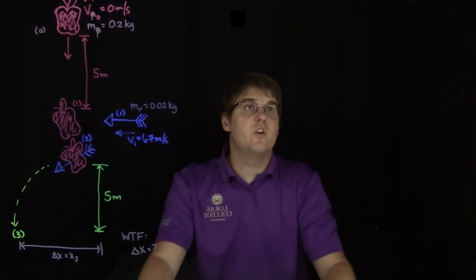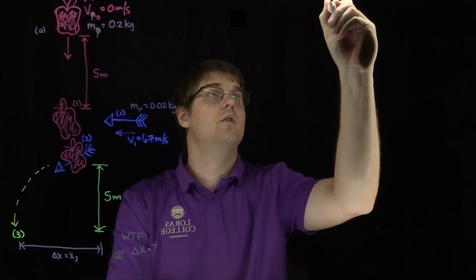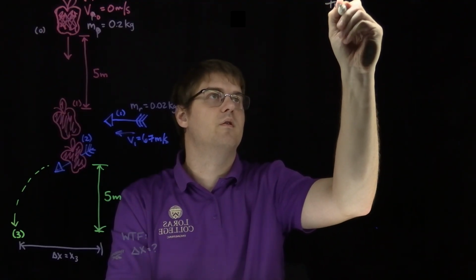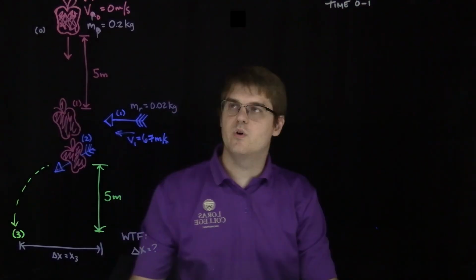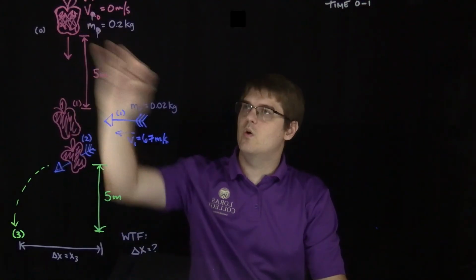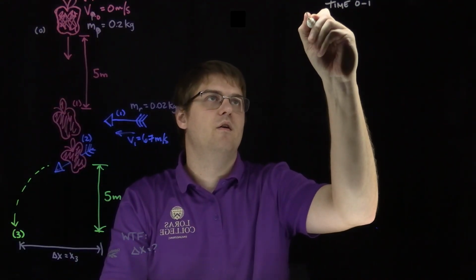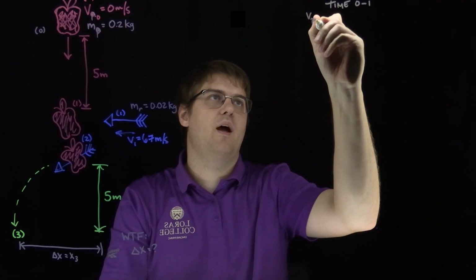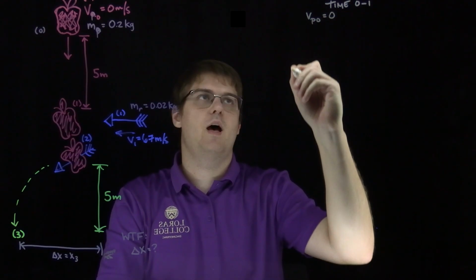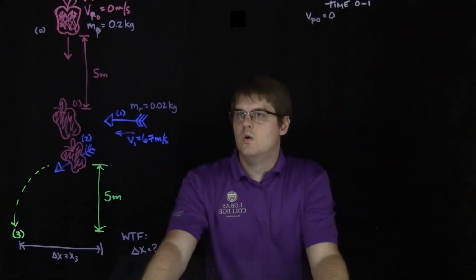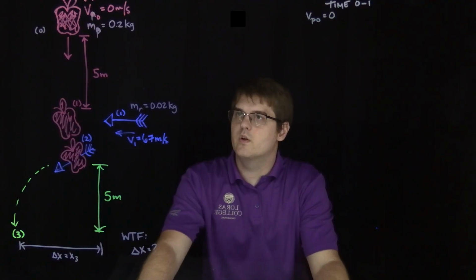Okay, so let's start by going from time 0 to 1. Between time 0 and 1, in this case, we're only looking at the apple. And I know that my velocity of the apple at 0 is 0. My position of the apple. Do I want to do this?